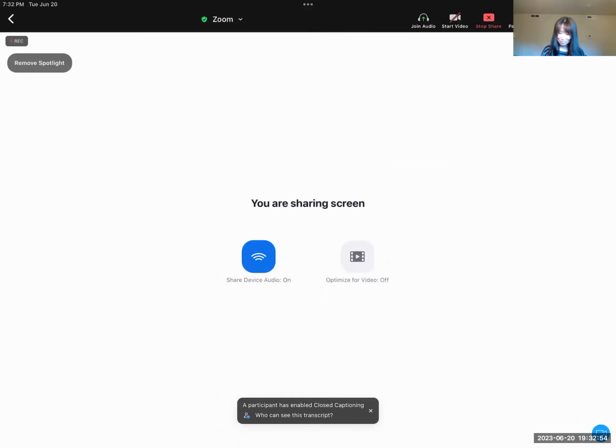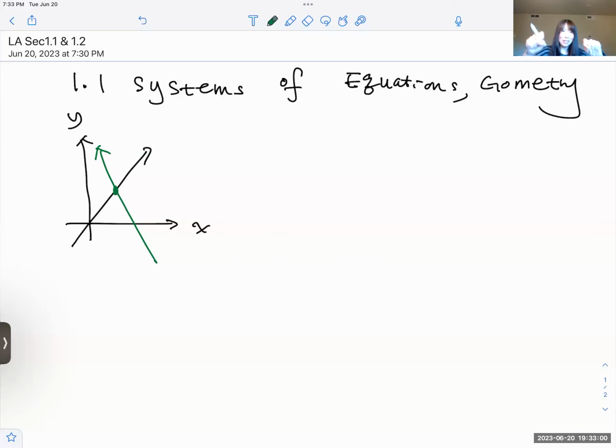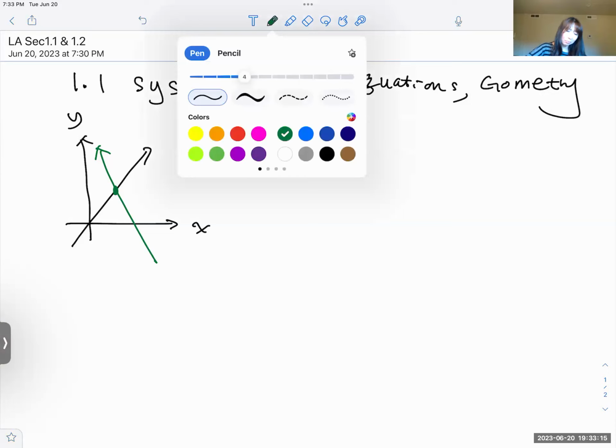Okay, now we are here. Okay, I got it. So we have two lines there, right? Means the two equations. So we say that this is the solution because two lines met in one point, right? So there's one solution.